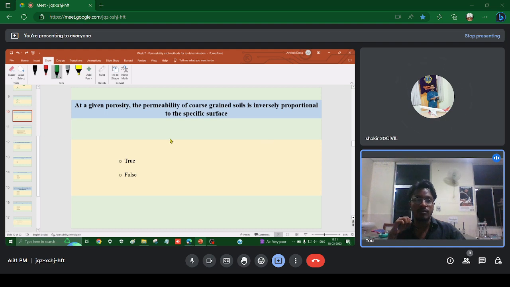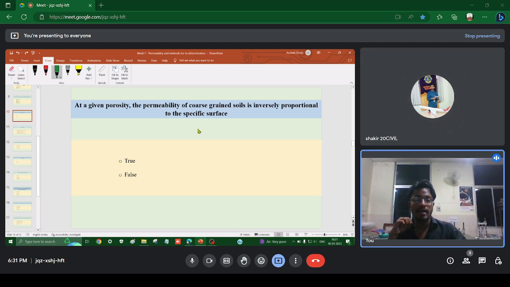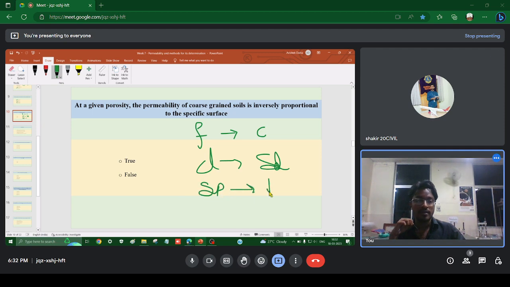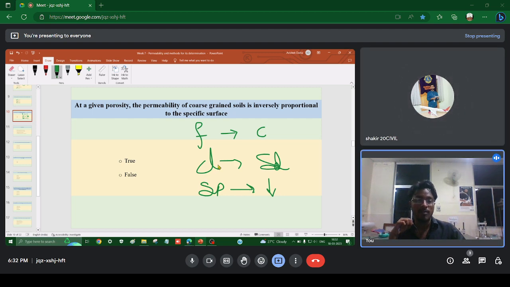So if we go from clay to sand, there is a decrease in specific surface, because we go from fine grained to coarse grained. Fine grained means clay, and I'm going towards sand. So specific surface is decreasing, because clay is fine grained and will have more number of particles.